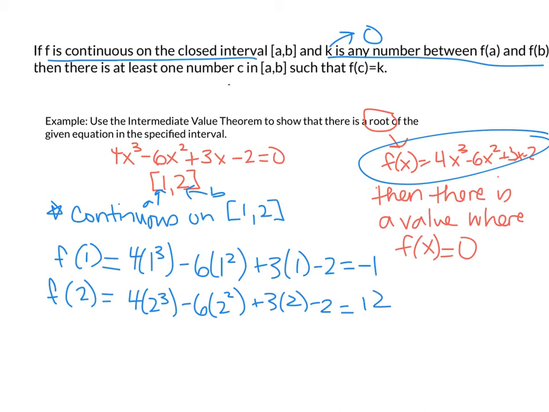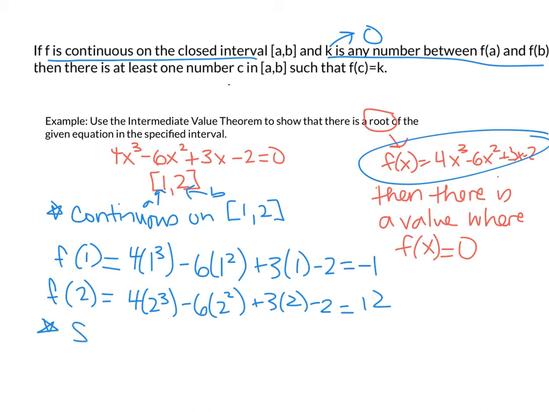So basically all you need to do now is check and see that 0 is between these two values, and it is. So the first thing that we did was check continuity. The second thing is checking that 0 is between those two things.